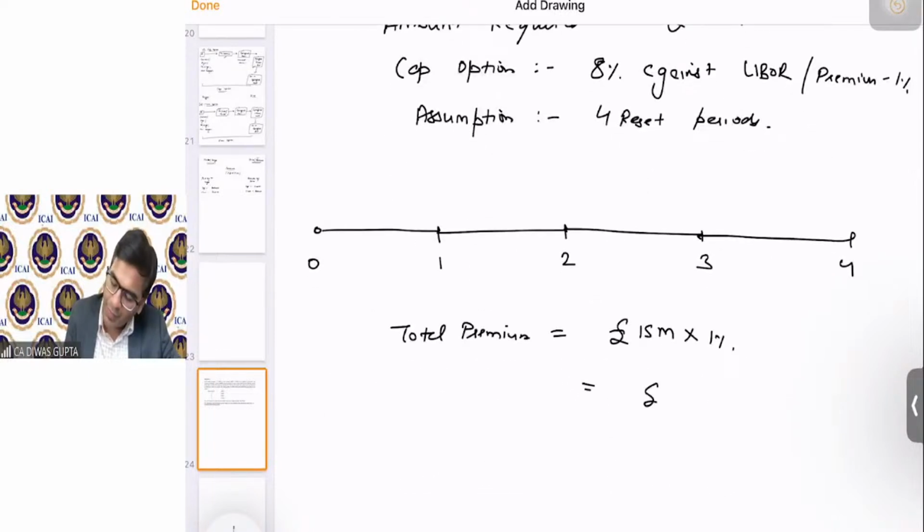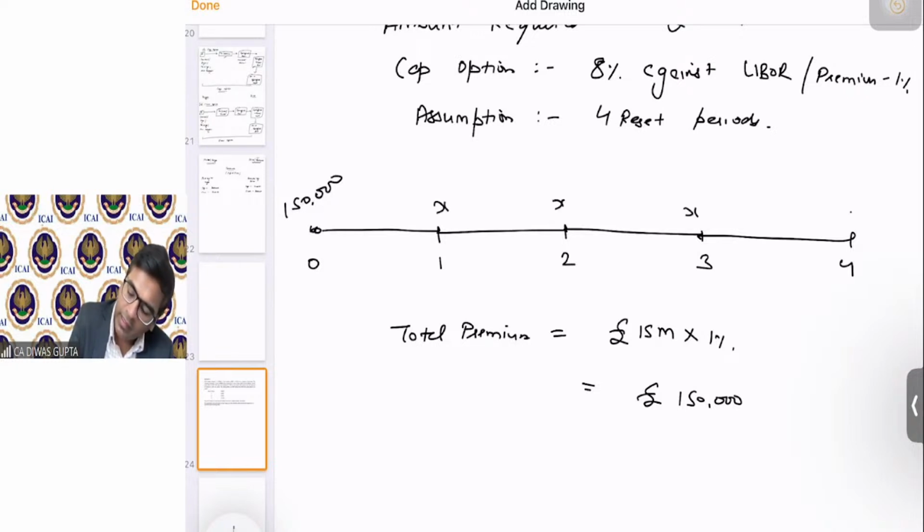So it becomes 1,50,000, right? 1,50,000 premium. Now, this has a value as on today. Can we find out what will be the equalized annuity amount, not annuity but semi-annuity amount, for this 1,50,000 going forward for the 4 reset periods?